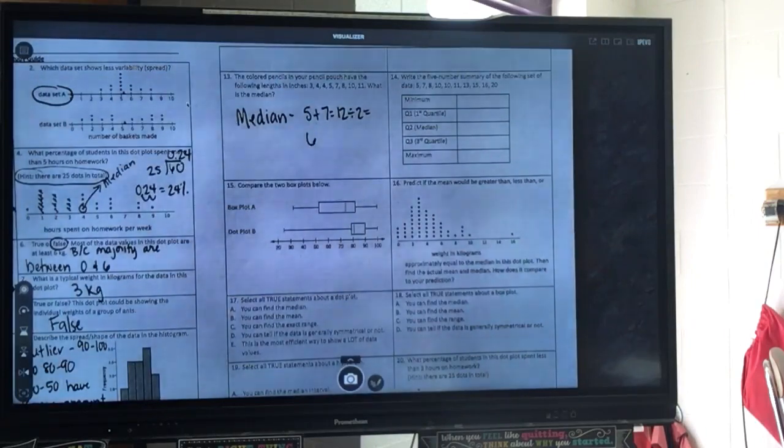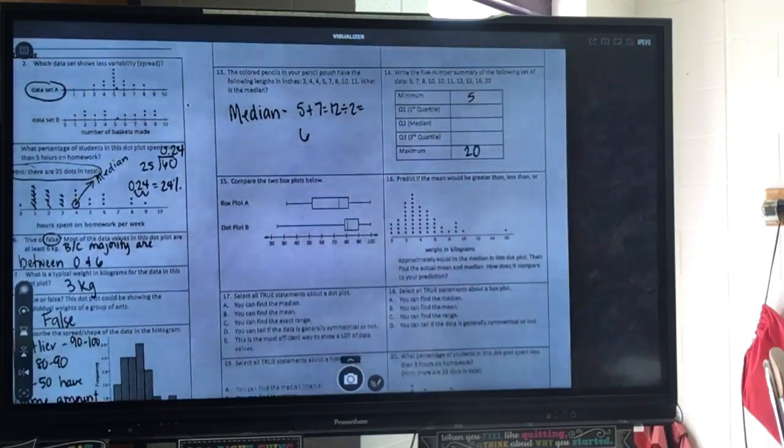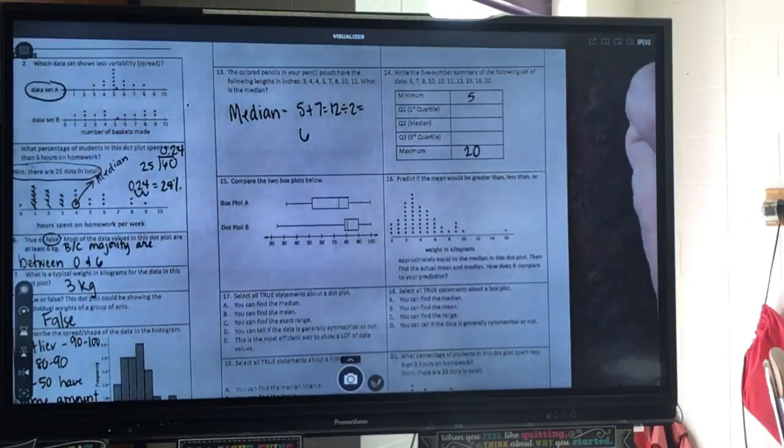Alright, number 14, it says write the 5-number summary of the following set of data: 5, 7, 8, 10, 10, 11, 13, 15, 16, 20. So start with the easy ones. What is our minimum and our maximum number? Noah. 5 and 20. Okay. What is our median? Christiana. 10.5.